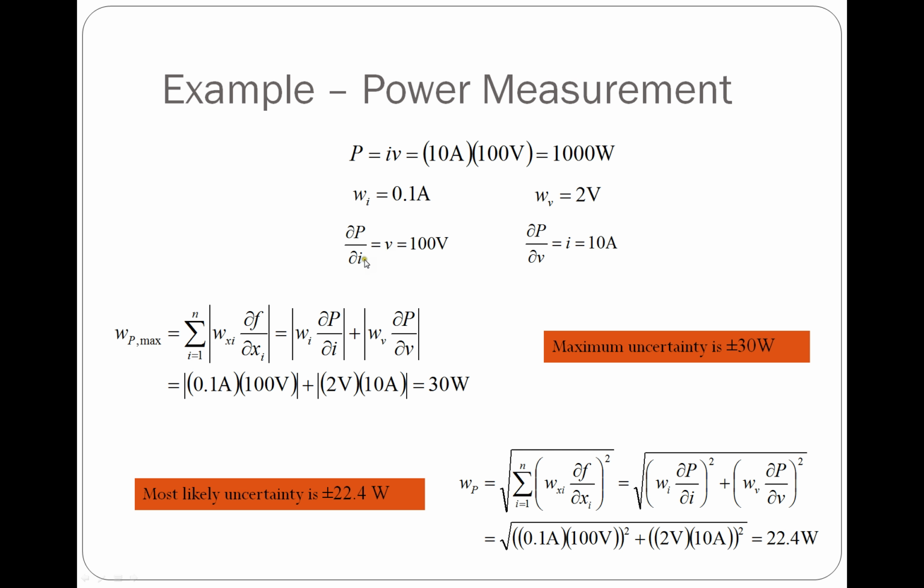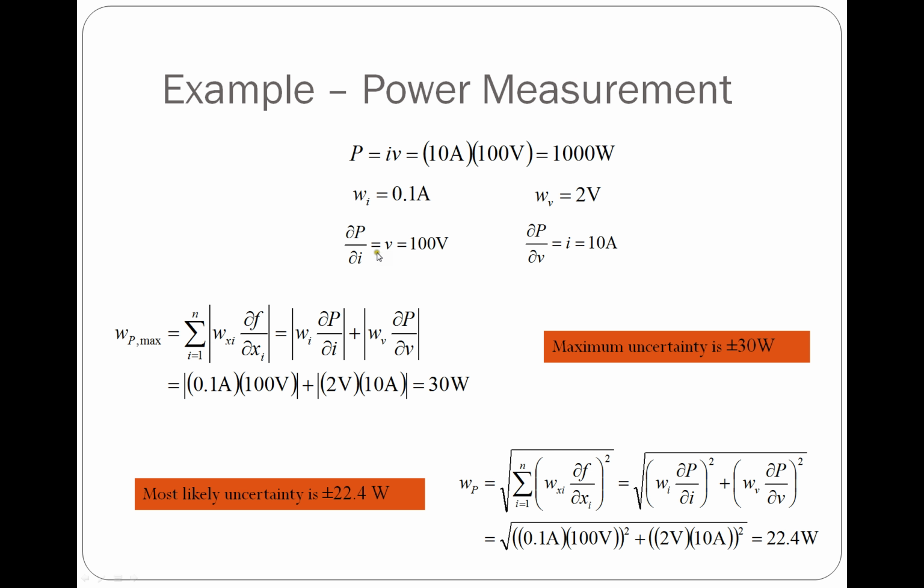So taking the partial derivative of power with respect to current, we're going to assume that current, I here, is a variable, and that everything else in the equation is just a constant. If we take this I to be a variable and take the derivative, the derivative of something raised to the first power would be something raised to the 0th power, or 1.